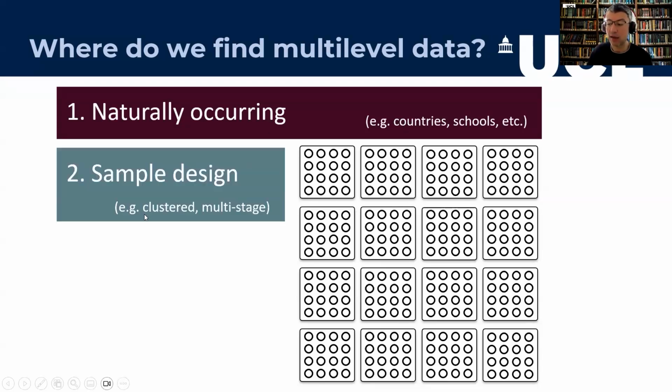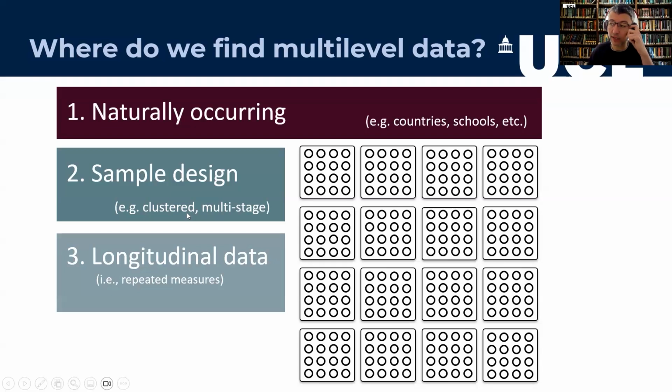Sometimes also we might have cluster data that has been clustered by sample design. And this could be cases where people were drawn from different areas of the country, or from urban and rural areas, and then big and small cities and towns and so forth.